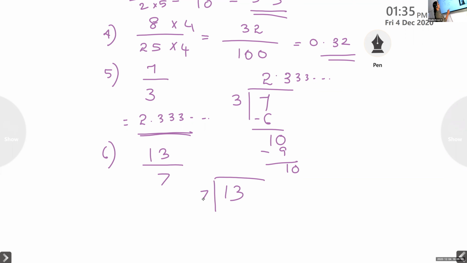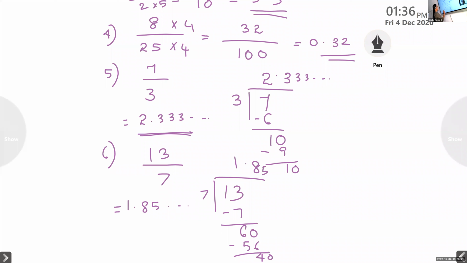Clear, children? So it is 1 point. What is the answer? 8 sevens are 56. Some decimal places only are enough. 1.85.